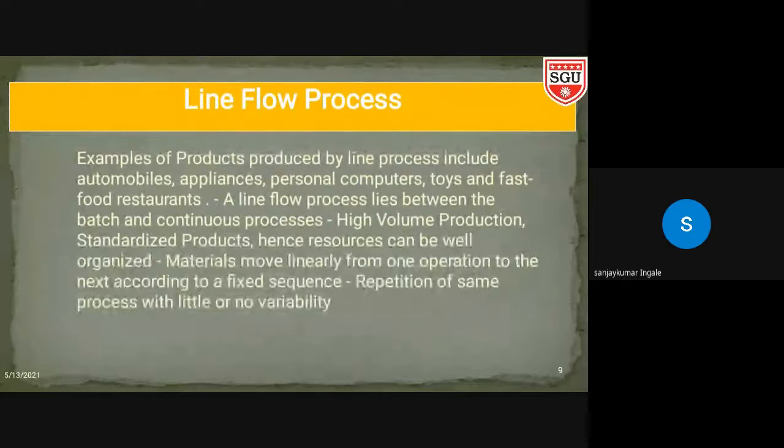The placing of product may be either machine paced or worker paced. Examples of products produced in line flow process are computers, toys, fast food hotels, automobiles, and appliances.